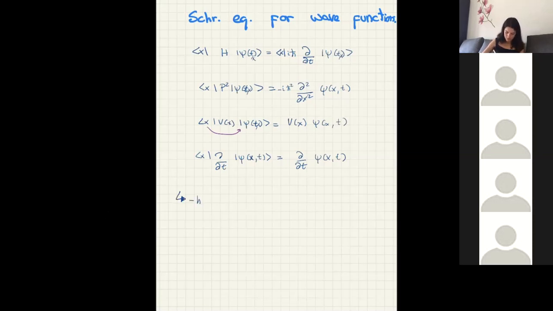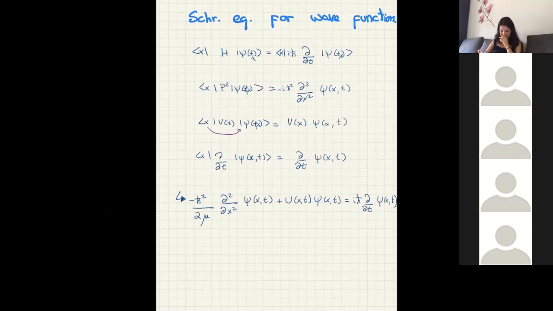So you get minus h bar squared, yeah, there was a typo in the book, d² dx² of psi of x and t, plus u of x and t psi of x and t equals i h bar d dt of psi of x and t. Okay, so this is the Schrödinger equation for the wave function itself.